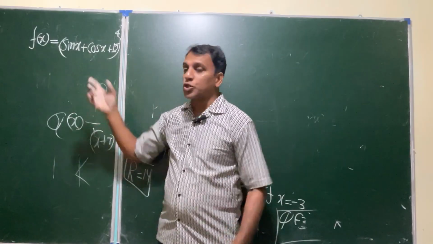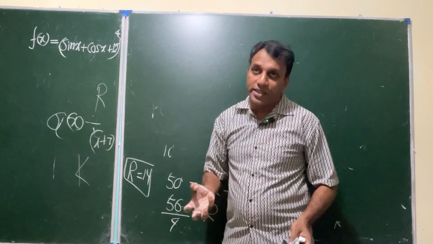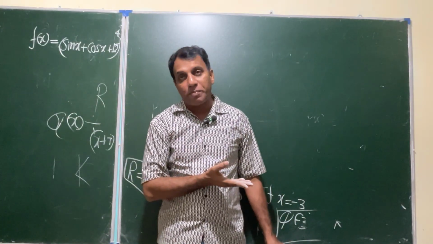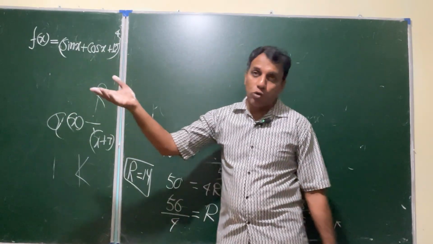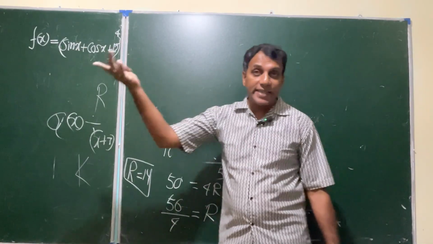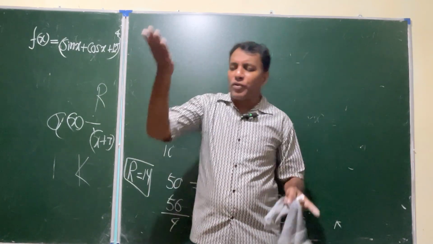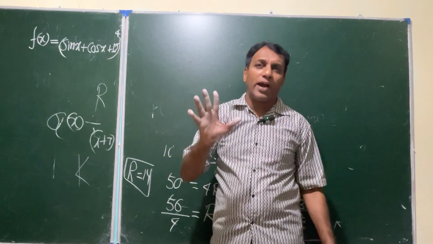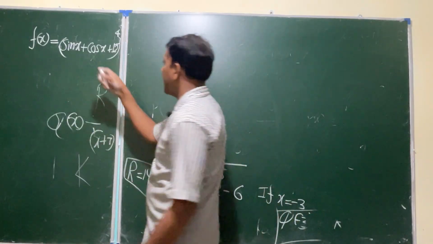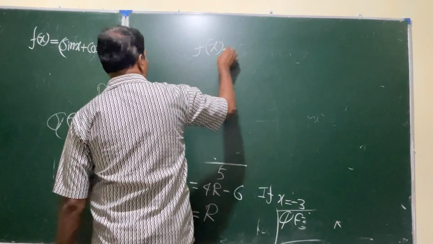So sine, cos, two different things. When sine is increasing, cos becomes decreasing. Sine 30 is half, but cos 30 is root 3 by 2. Sine 60 is root 3 by 2, but cos 60 is half. Sine 90 is 1, but cos 90 is 0, right? Sine increasing, cos decreasing. You can't find this expression's maxima and minima directly because sine and cos peak at different places.